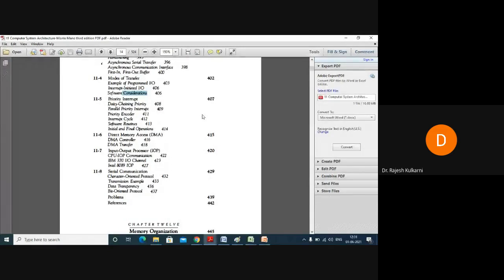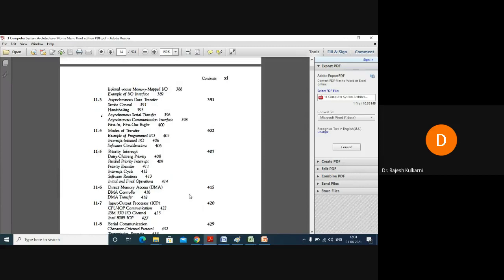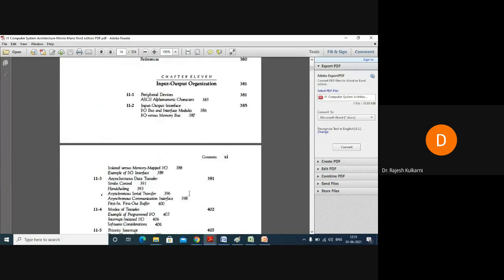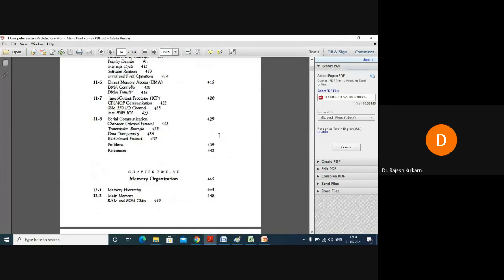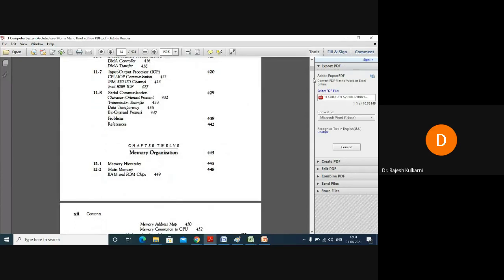Then you have direct memory access, then you have IOP. So basically this is our Unit 2, which starts from 380 of Morris Mano and ends at 442.